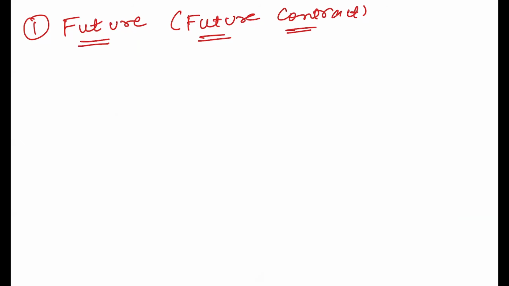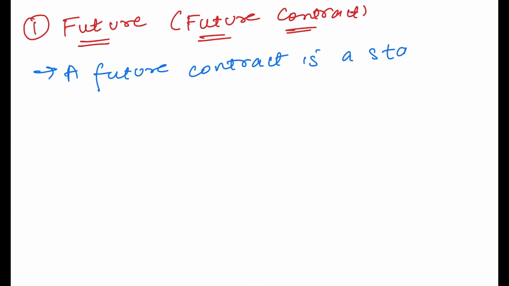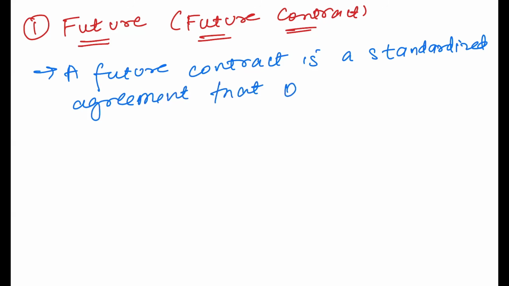Now, a future contract is a standardized agreement that obligates. This is very important, okay? It's an obligation.